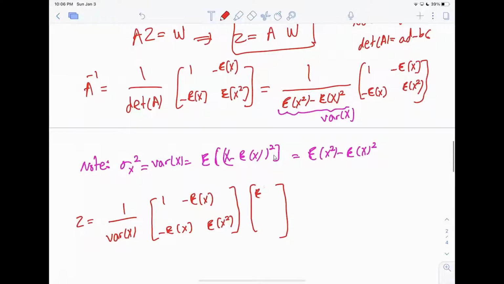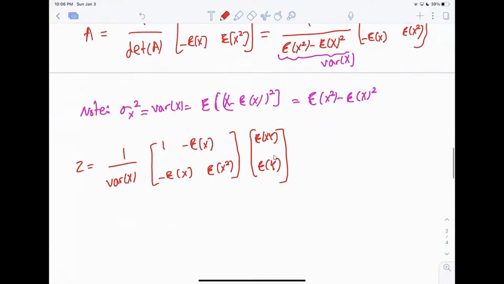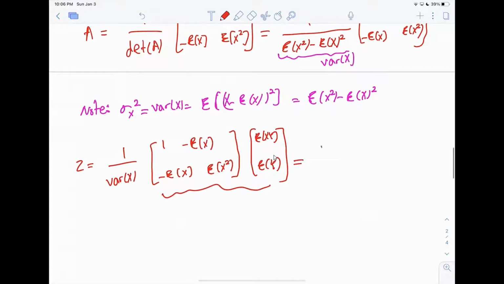Vector W is E[xy] and E[y]. Good. Let's multiply them to see what we get here. Let's not first worry about the 1 over variance of x, but just first multiply these two quantities together. So this matrix is 2 by 2. This is 2 by 1. The result then is going to be 2 by 1. So this is going to be E[xy] minus E[x]E[y].